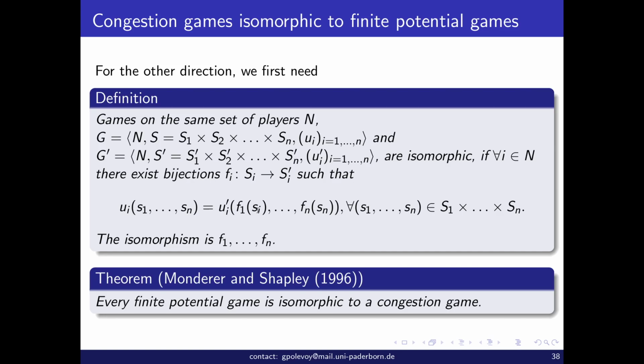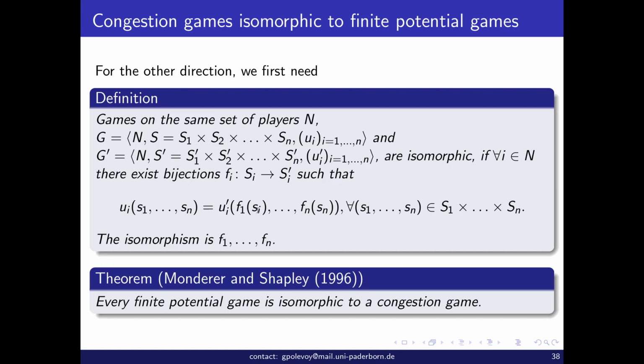And the isomorphism is the set of the vector of functions. So we can rename the strategies such that the utilities will be the same for each of the possible profiles. So the game for any strategic analysis is the same.